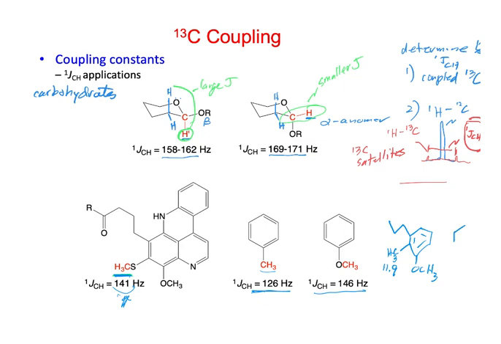And if I did the same one with a thiomethyl, then this was at 15.5. So not exactly the same, but pretty close. And so then it was the actual coupling constant that gave them more data to support the presence of this thiomethyl group.